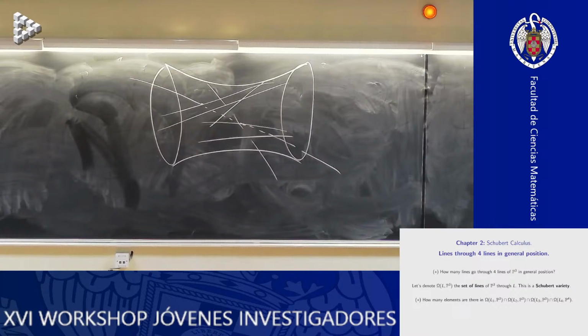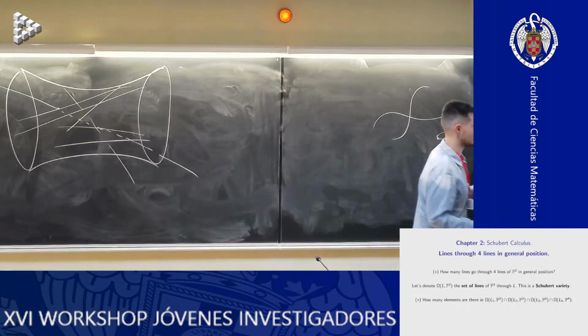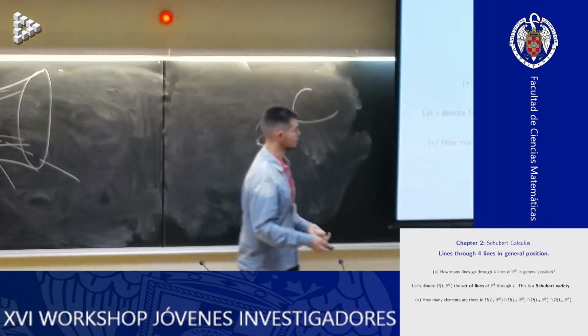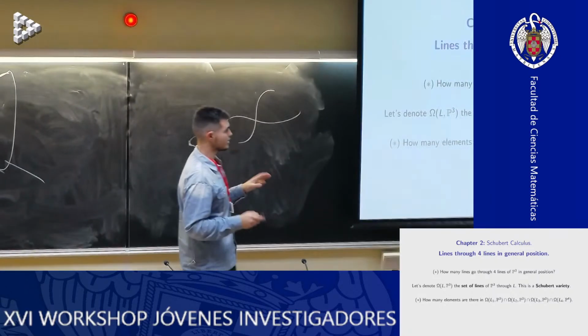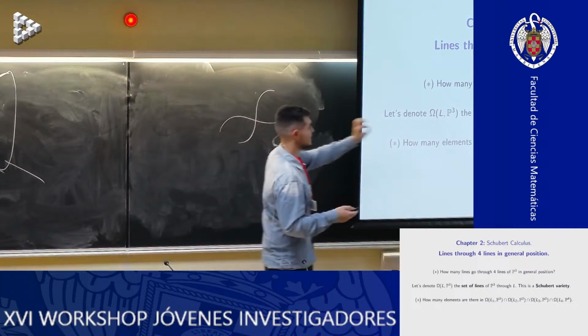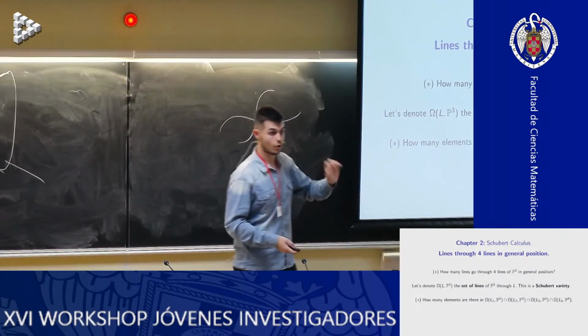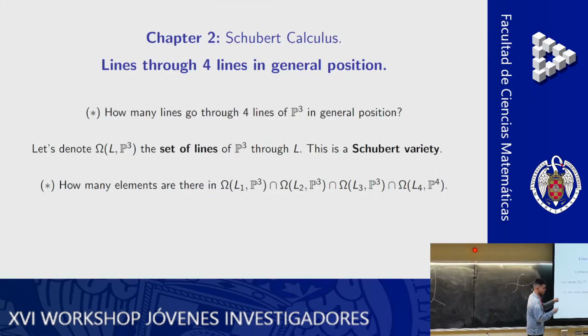But we are going to solve it with Schubert calculus, because this is a nice problem to pose in those terms. So to do it, first I have to call the set of lines of P3 that go through a line L omega L P3.